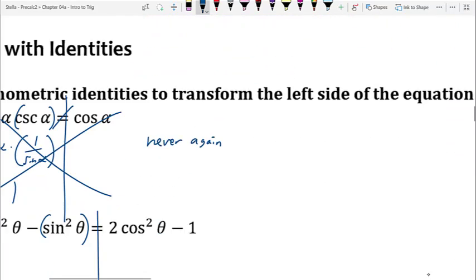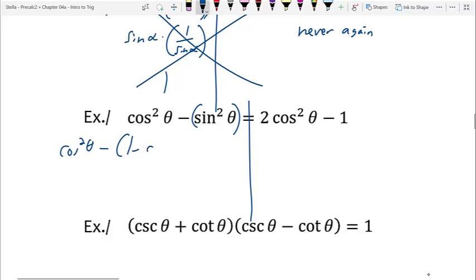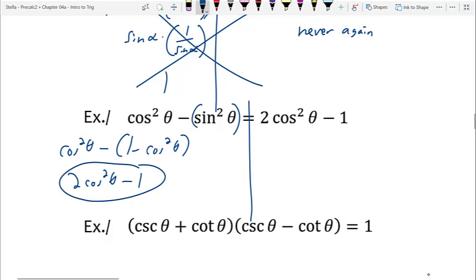The one I want is that first one, or second one. I'm going to replace sine squared, still write the cosine squared, but I'm going to replace sine squared with 1 minus cosine squared theta. Then I distribute the negative and add like terms, and I get 2 cosine squared theta minus 1, and that matches this.